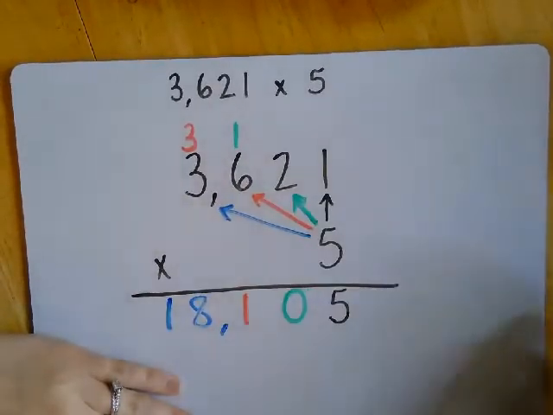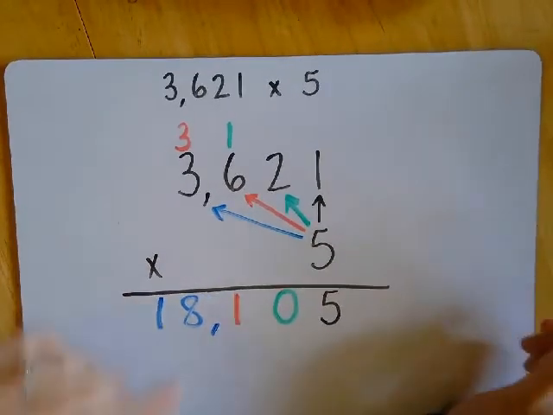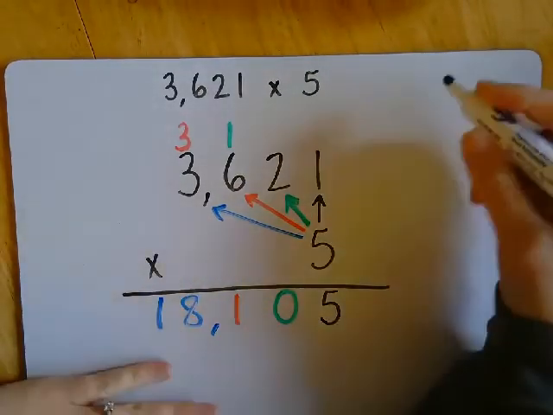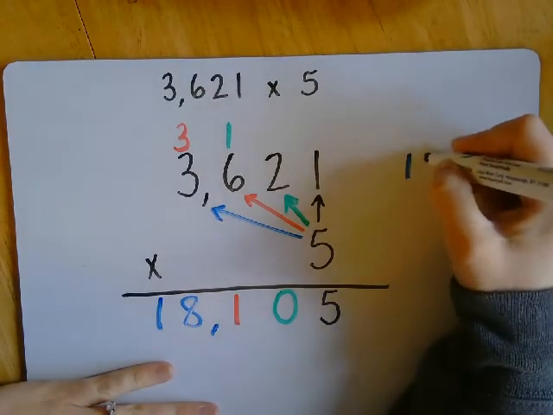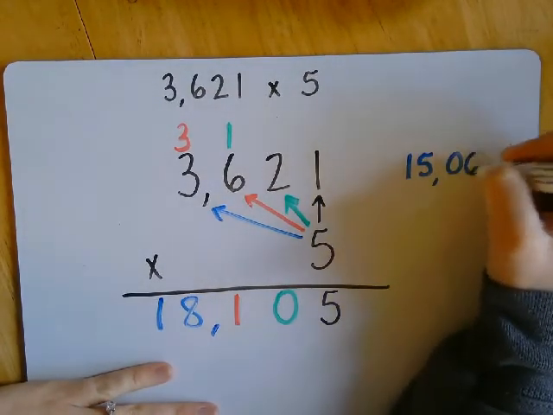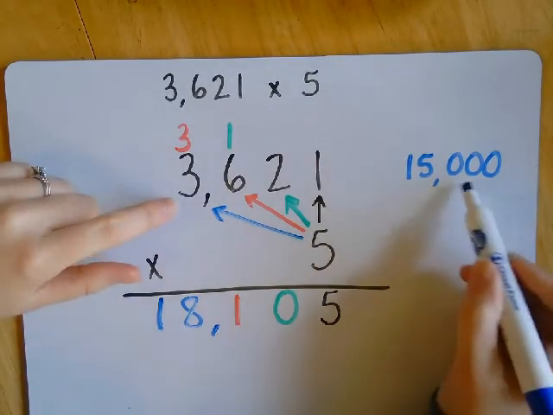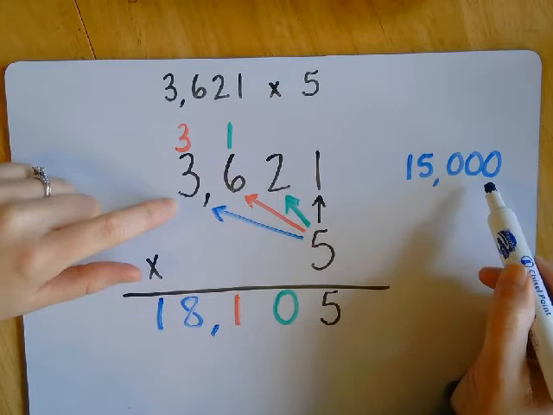If I wanted to show the connection, this is actually 5 times 3,000. So 5 times 3,000 is 15,000. 5 times 3 is 15, but because it's in the thousands place, we have to add the 3 zeros.